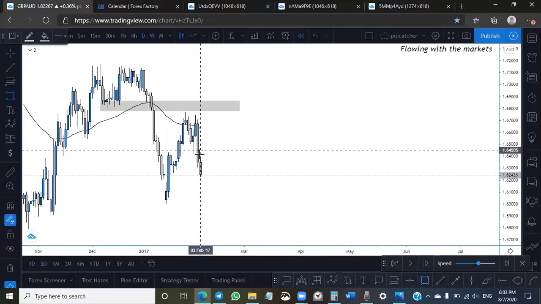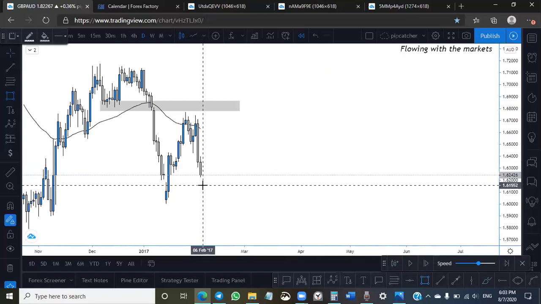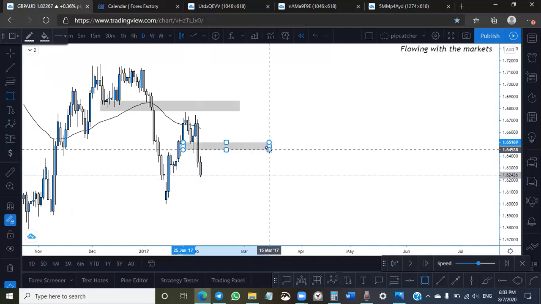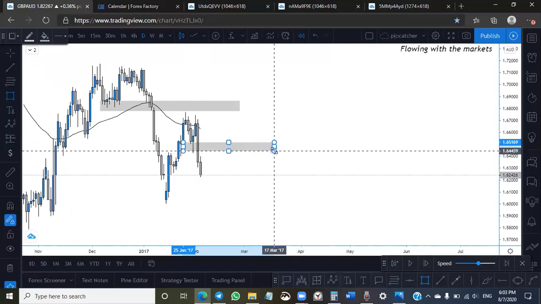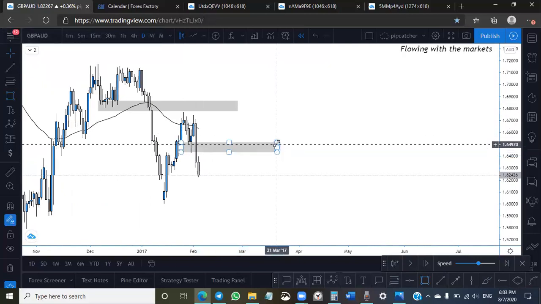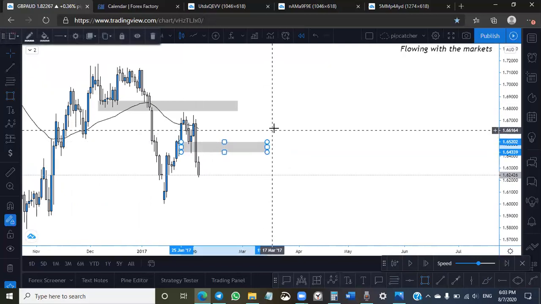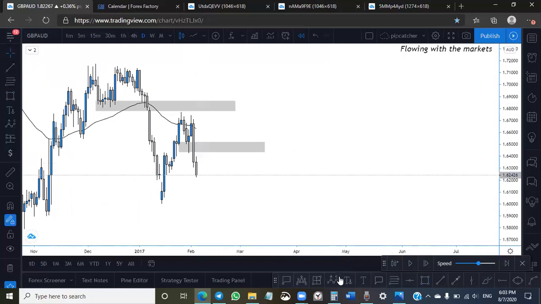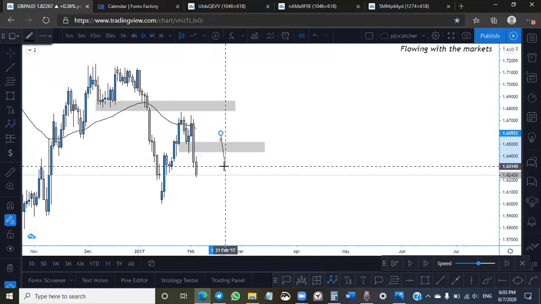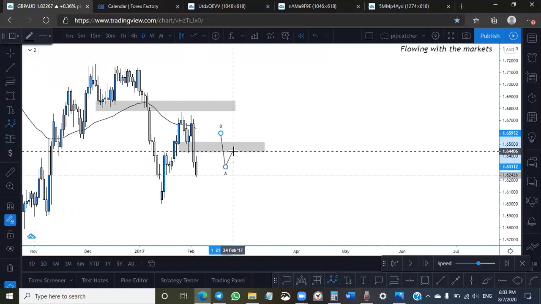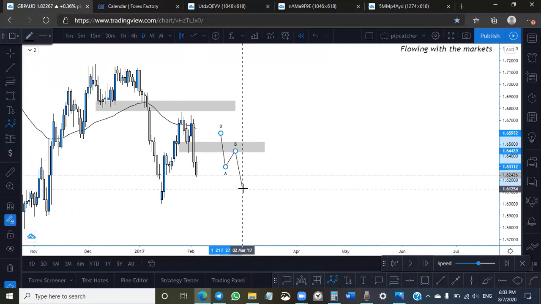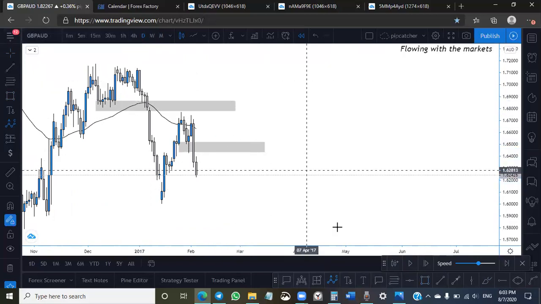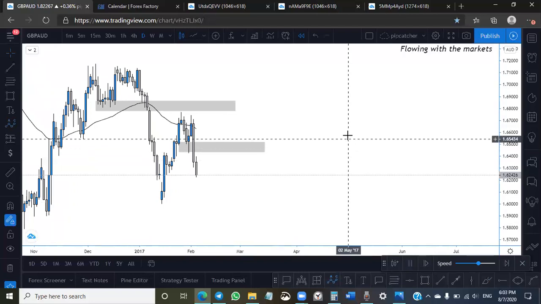So the recent structure that got broken in this area, I would be looking maybe right in this area here for the market to break through, retest structure, and continue to the downside. So let's play this out.